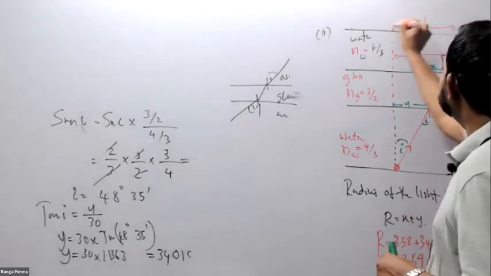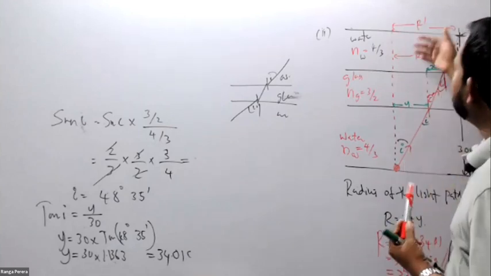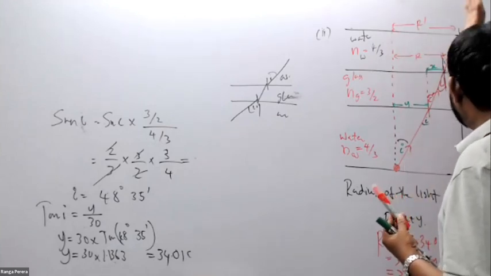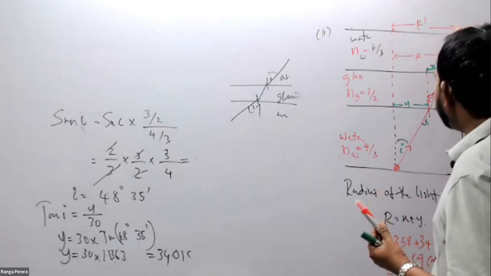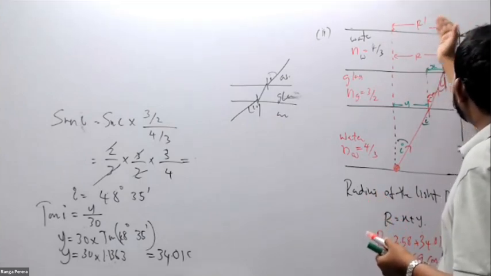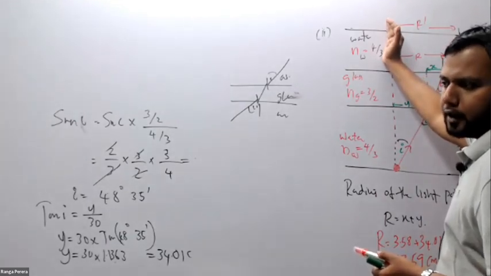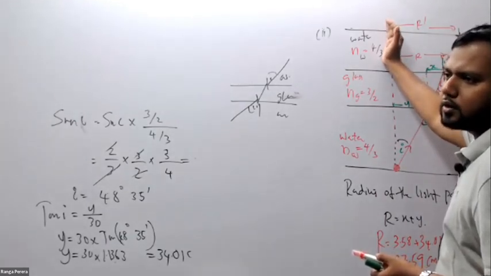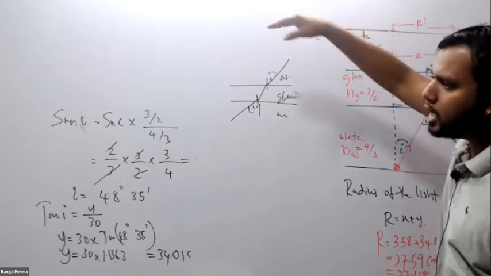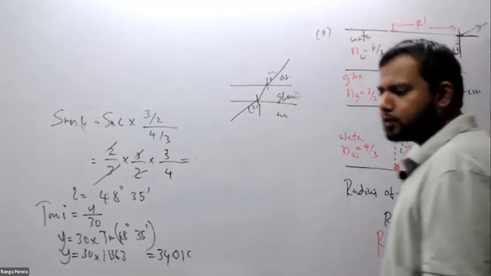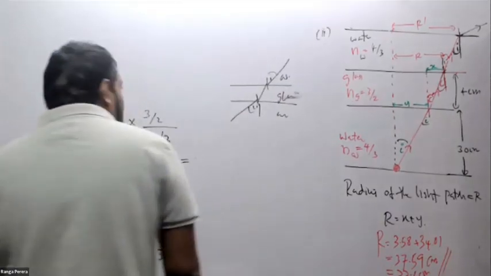Why is that? When you place another layer of water, the light ray deviates more from the center of the circular patch. So therefore we have a large diameter now, a large radius for the light patch. Understood?